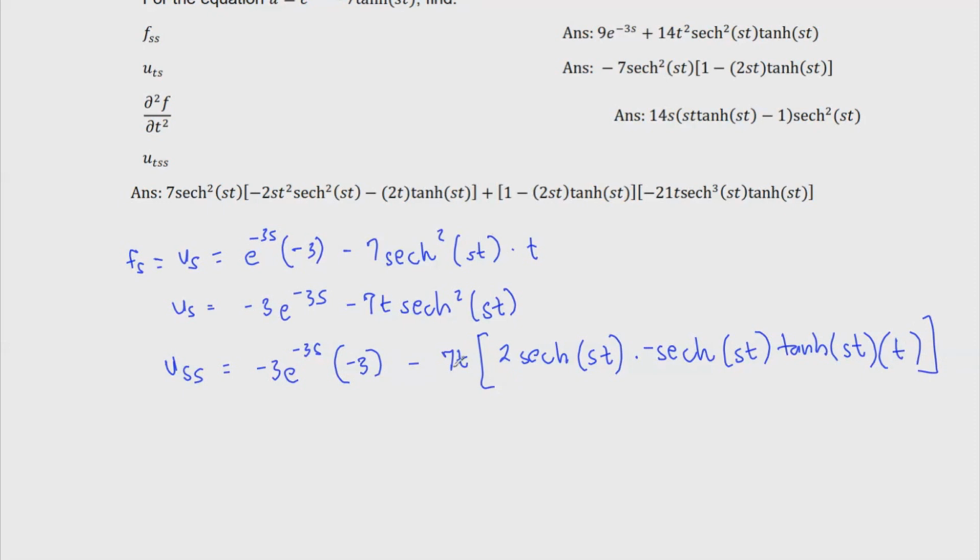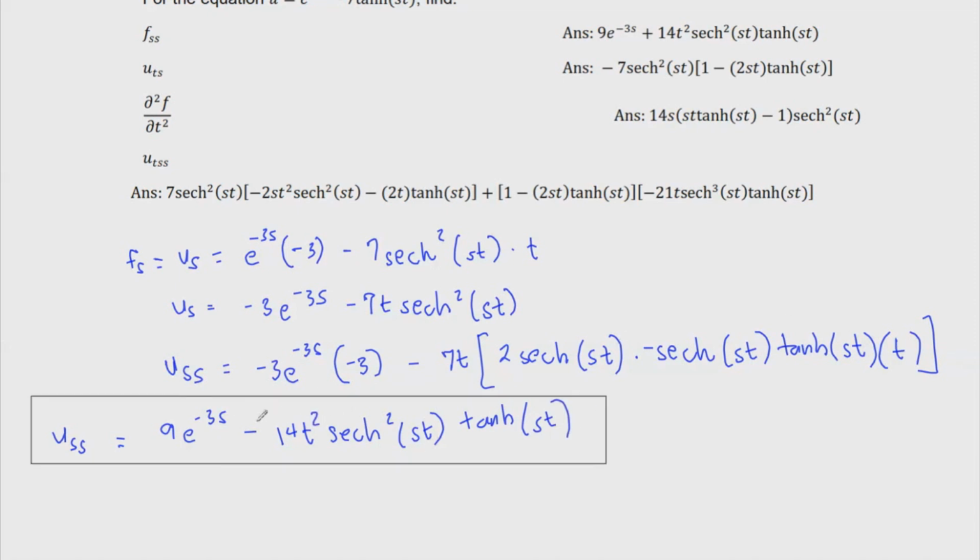Okay, so that is our derivative. So with this, u sub ss is actually equal to positive 9 e raised to negative 3s, and then minus, so that's 14t, and then we have sech squared st, and then we have tanh of st. Oh, we also have t here, so we square this expression.